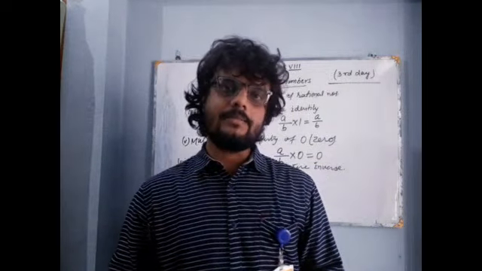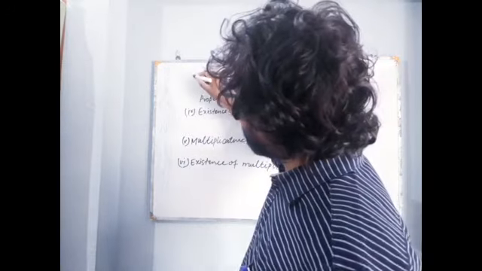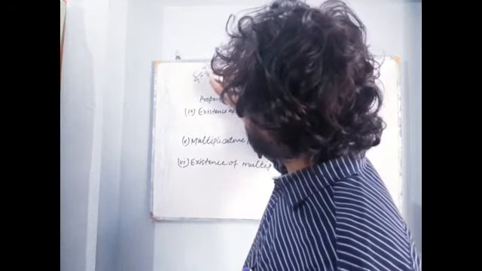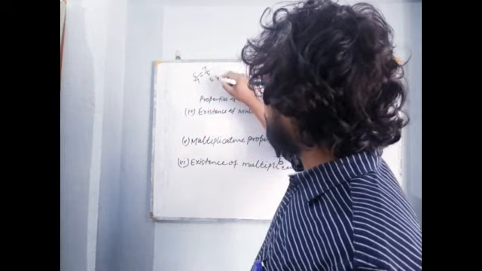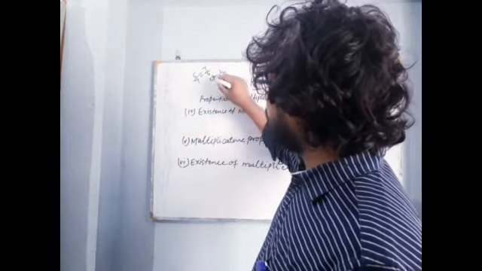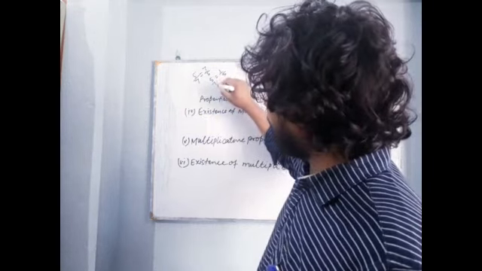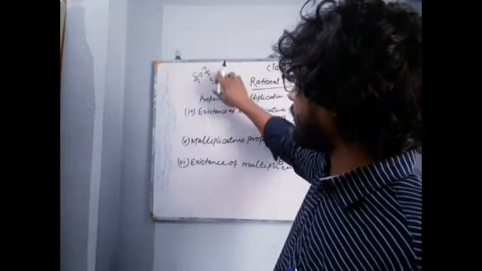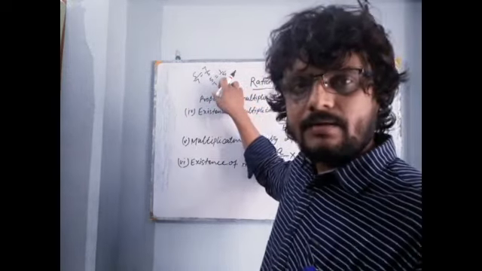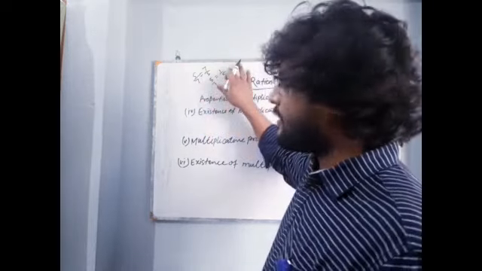It's called multiplicative inverse. If I ask the multiplicative inverse of 5, that is 1 by 5, because when we write 5 there is no denominator, but we can take 1 as its denominator, and its reciprocal is 1 by 5. So the reciprocal of 5, or multiplicative inverse of 5, is 1 by 5.